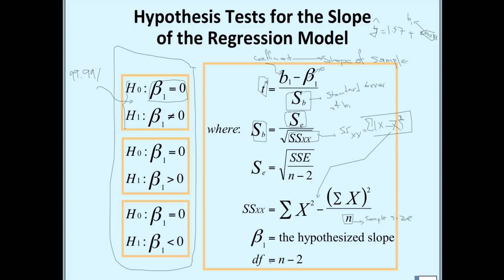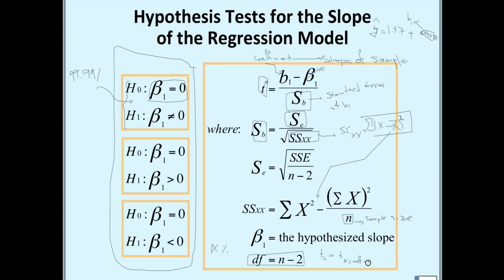So once we have the test statistic, we have to compare it with any significance level alpha, and degrees of freedom n minus 2, and we should find the critical value of T. So we should look up our T table, two-sided, with alpha and degrees of freedom equal to n minus 2.